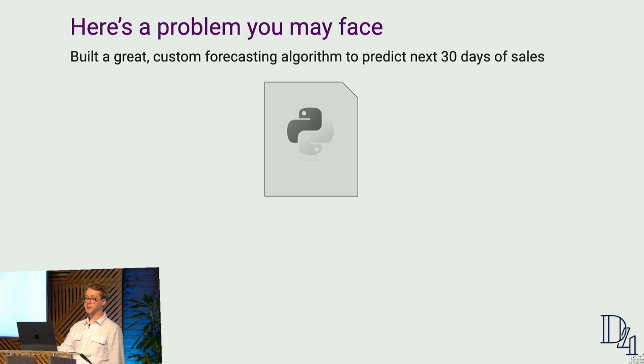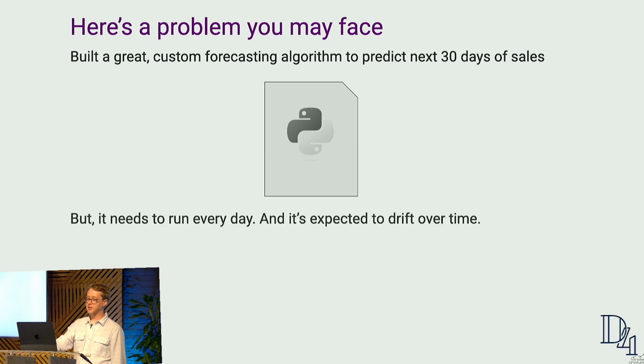So this is a lot of work done so far. Pat yourself on the back. This probably takes weeks, months, quite a bit of time. But you probably haven't addressed your core business problem, which is that you need to continuously predict the next 30 days of sales for it to be useful to your business. So how can you get that done?